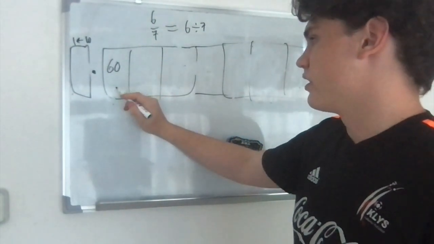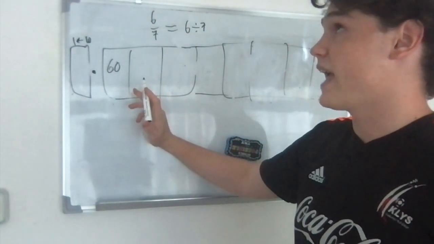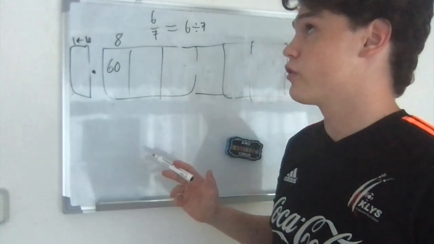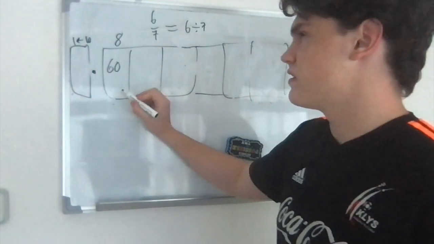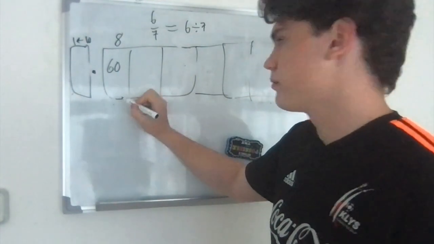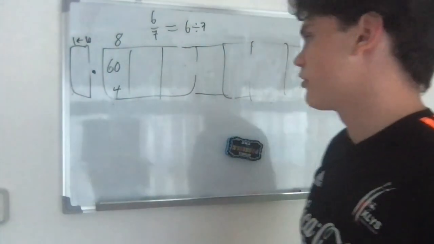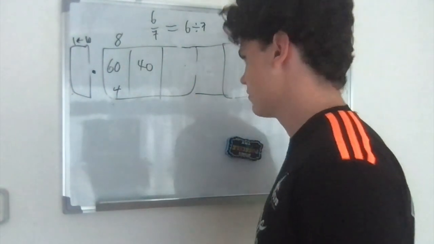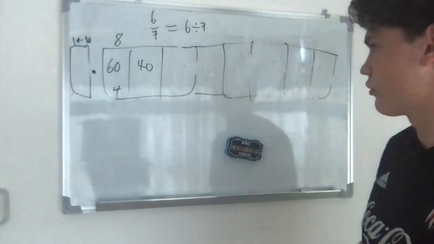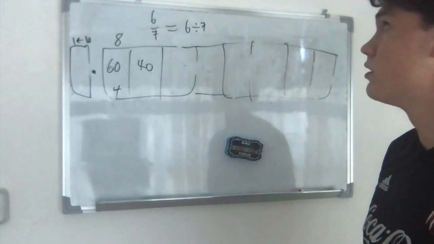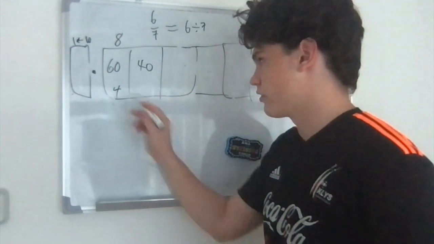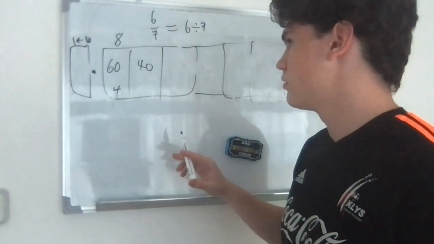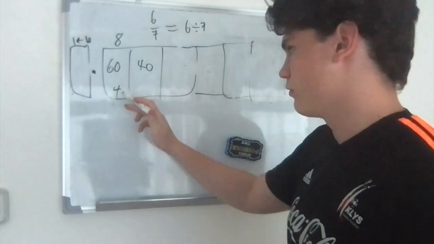So then 7 goes into 60 8 times, right? Which leaves a remainder of 6, I believe? No, 4. Leaves a remainder of 4. Then we explode these over. Let me just double check that my math is correct. Yeah, 56 in here, then 4, yeah.